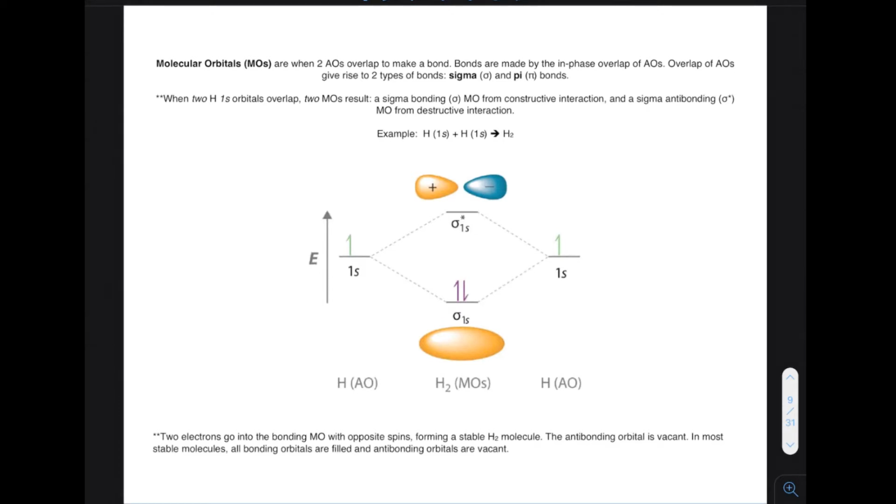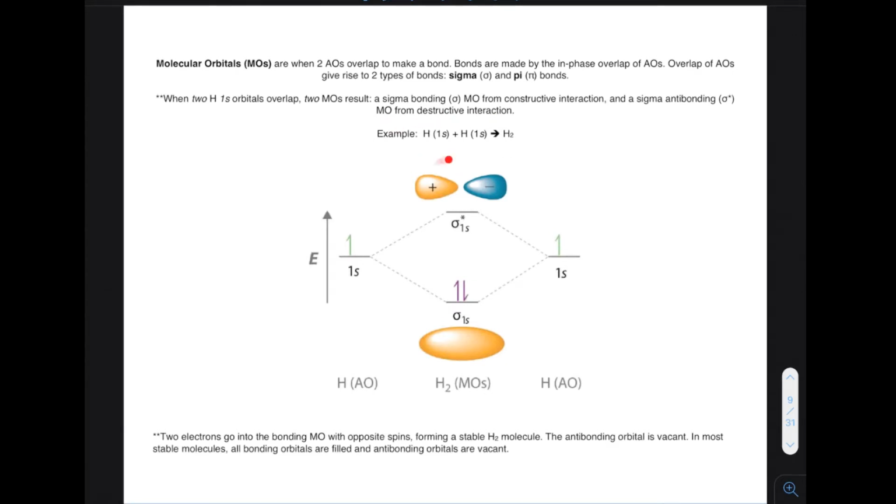In a simple example, when two hydrogen 1s orbitals overlap, because hydrogen only has one valence electron, and the 1s orbital is where that valence electron lies, two molecular orbitals result: a sigma bonding molecular orbital from constructive interaction, and a sigma antibonding molecular orbital from destructive interaction.